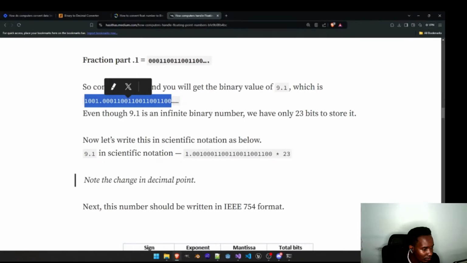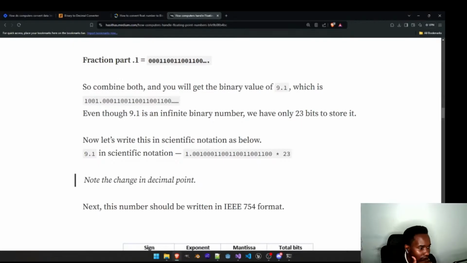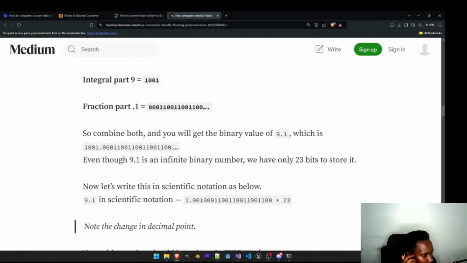Now let's write this in scientific notation as below. Wait, scroll up a little bit. What did they do? Okay, so we've converted 9 already.